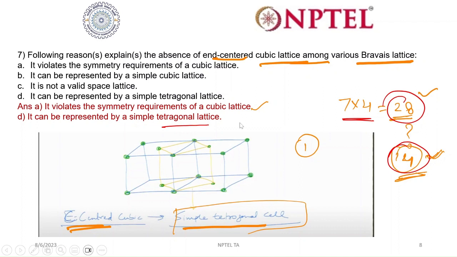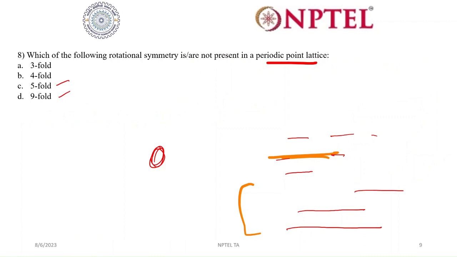Which of the following rotational symmetries is not present in periodic lattices? 3, 4, 5, 6. So the answer is 5, because gaps are left unfilled if we consider 5-fold symmetry of this plane. Normally, the 14 lattices contain 2 lattice types. So the answer is 5.